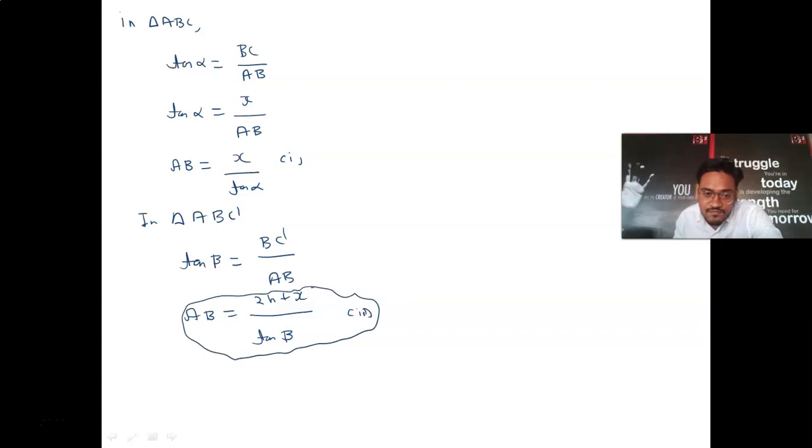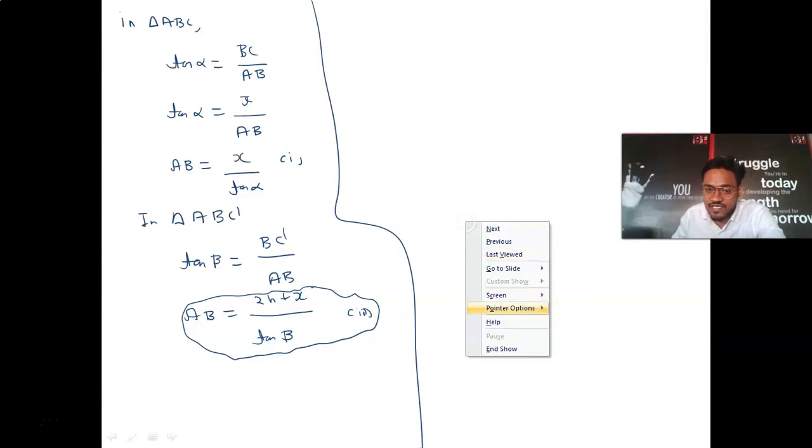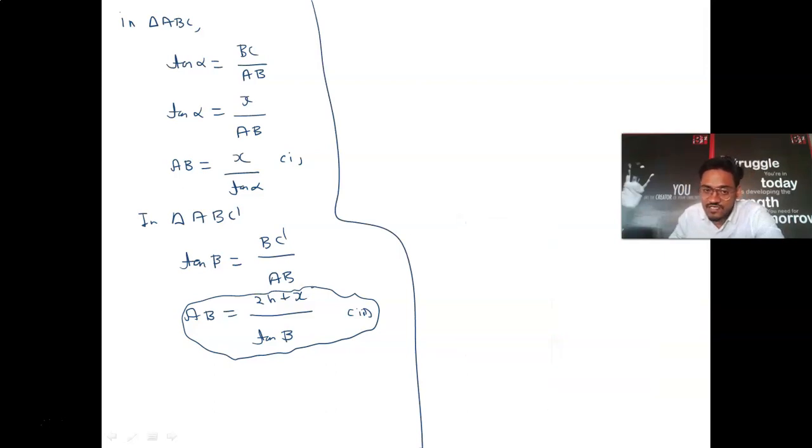Clear, students? Now just tell me, in equation number 1 and in equation number 2, on the left hand side AB is written, so on the right hand side we will have, by comparing equations 1 and 2, X by tan alpha is equal to 2H plus X by tan beta.